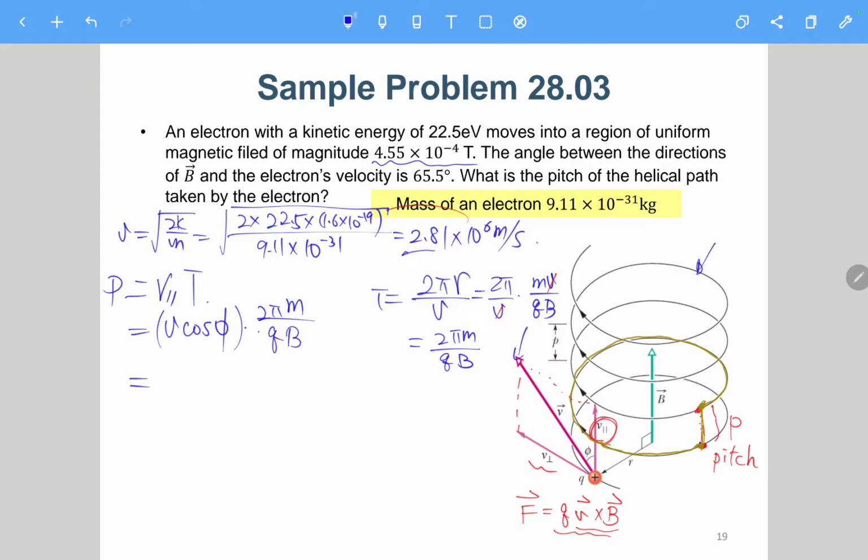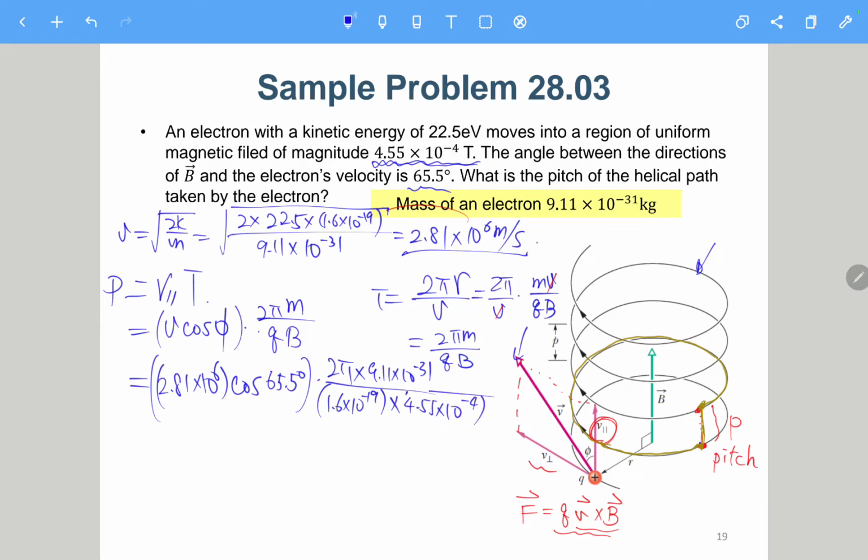Okay, so in that case, v is 2.81 times 10 to the 6th power, and then cosine of 65.5 degrees. And then 2 pi, and then m is 9.11 times 10 to the minus 31, and then q is 1.6 times 10 to the minus 19, and then times B, which is 4.55 times 10 to the minus 4th power.